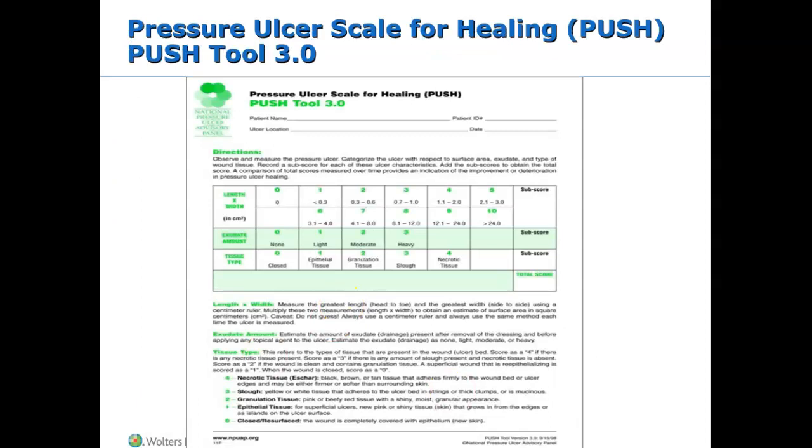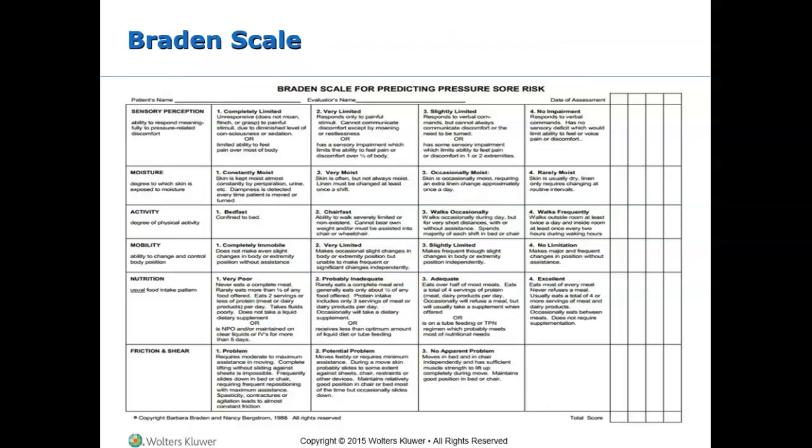All right. The PUSH tool is used in assessing the healing or regression of a pressure ulcer. Here is an example of that tool. The Braden scale is what we will use and what we use all the time in the healthcare system.